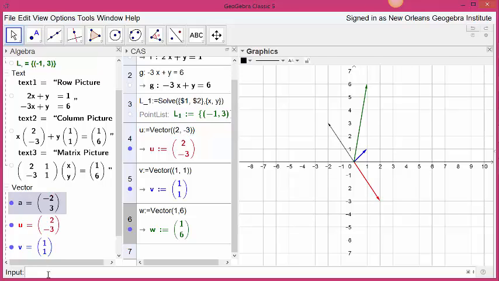And then, to see the sum represented geometrically, I'm going to have to add the second vector to the head of the first vector. So I'm going to use the command Vector(start point, end point). I want to start where the vector -1 times u ends, which was at the point -2, 3, and I want to end at the point 1, 6.